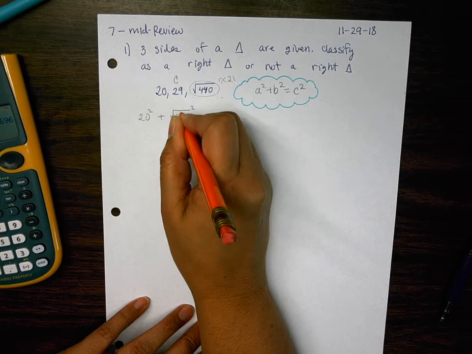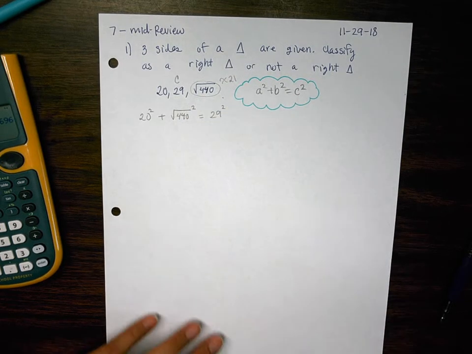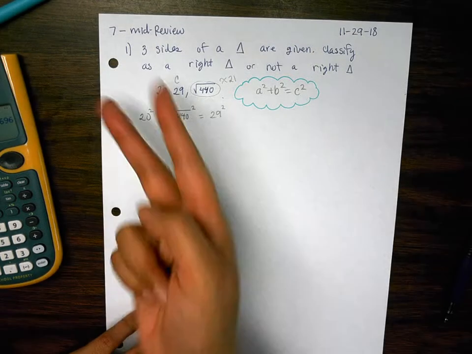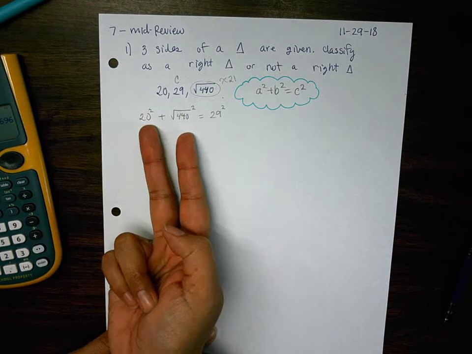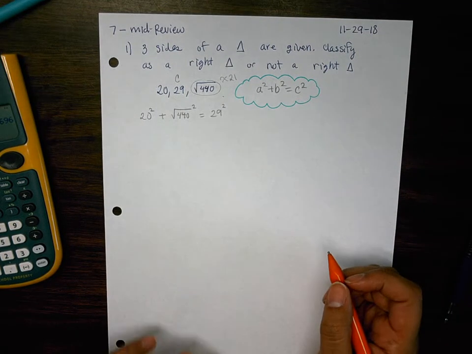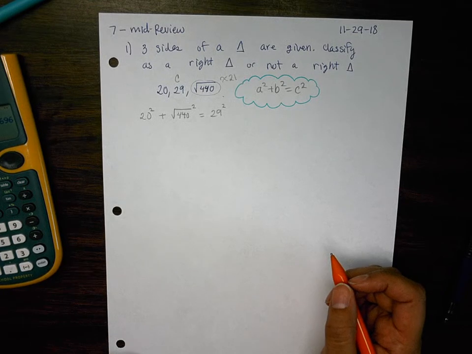Okay, 20 squared for A plus square root of 440 squared for B equals 29 squared for the C squared. Does it matter the order in which you write these two? So if somebody flipped these two, does it matter? No, addition is commutative. All right, put that away.